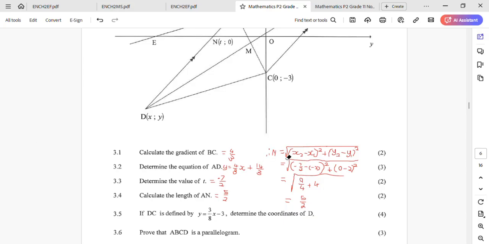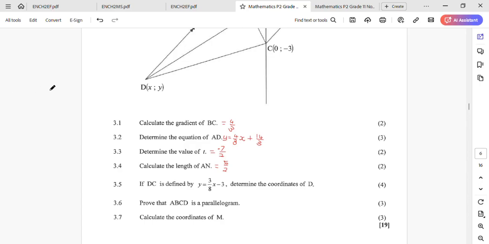Let me erase this part again for space. Okay, question 2.1.